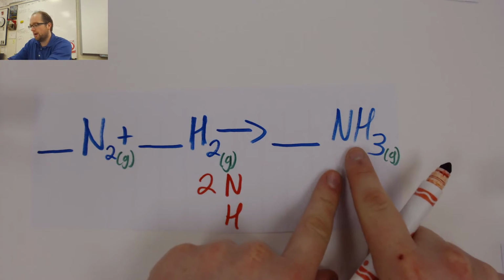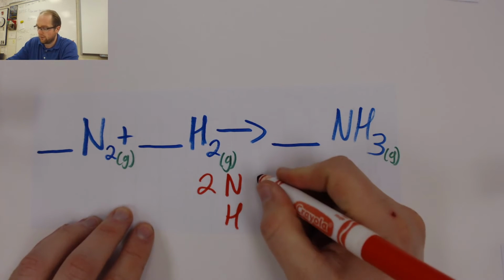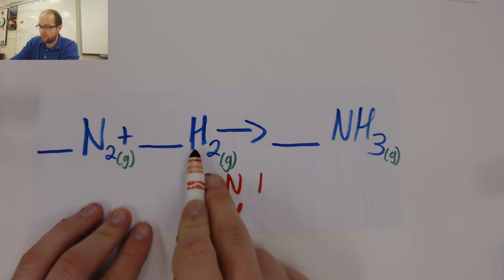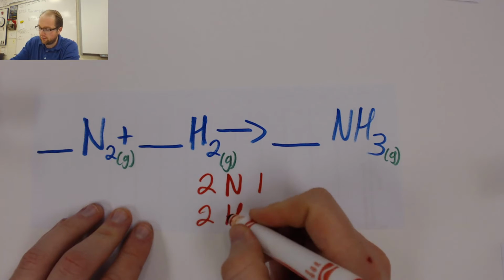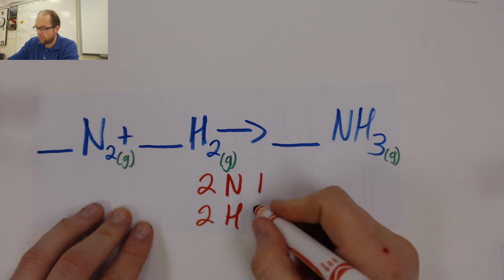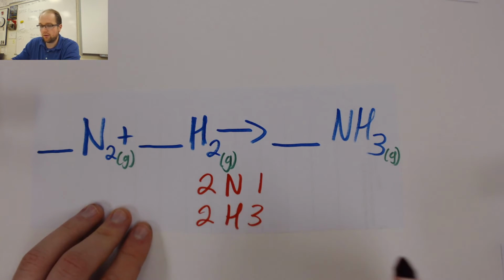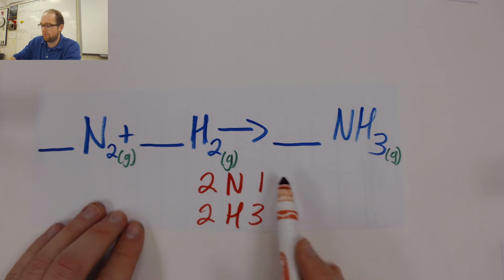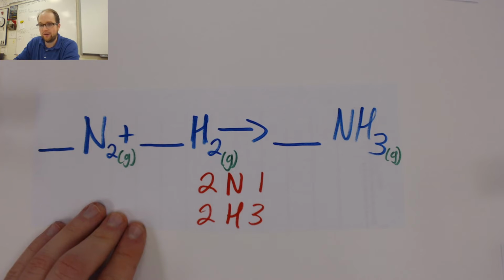Over here I only have 1 nitrogen because there is no subscript. Whereas with the hydrogens, we have 2 on the left and 3 on the right. So we are currently not obeying the law of conservation of mass because we have different amounts of nitrogen and hydrogen. I'm going to need to fix that.